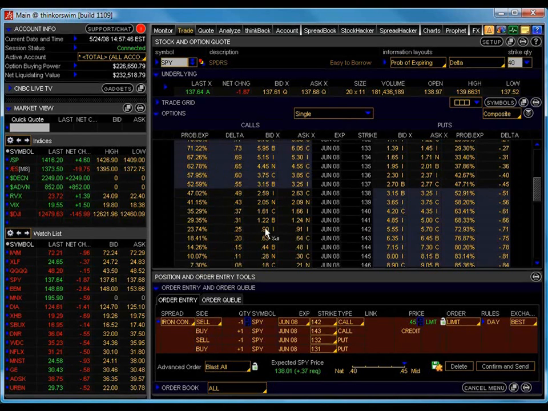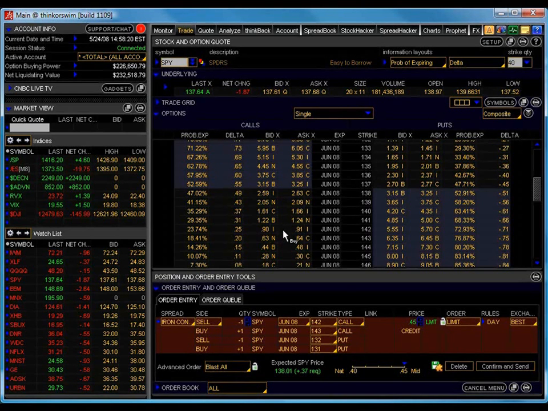We want this to expire absolutely worthless. That's how we capture the majority of our profits. So the actual probability that it will expire worthless is just the opposite of this. Out of 100, if we subtract 23.7 from 100%, it would be what, 76% probability that it's going to expire completely worthless.